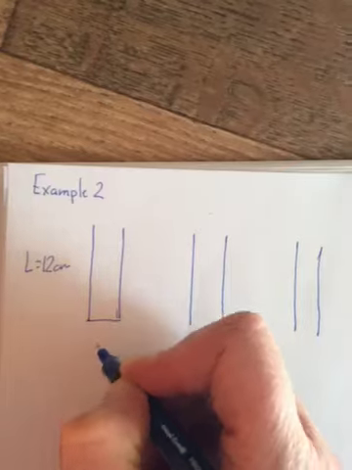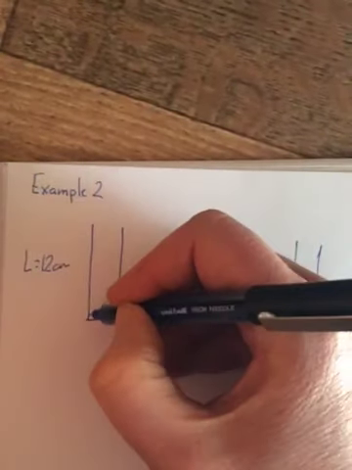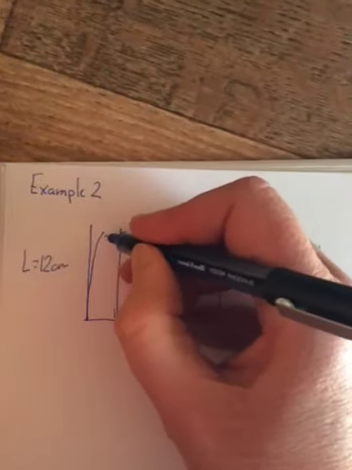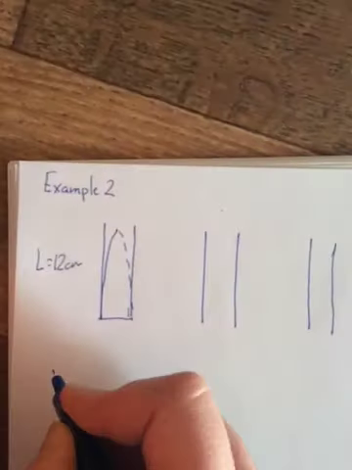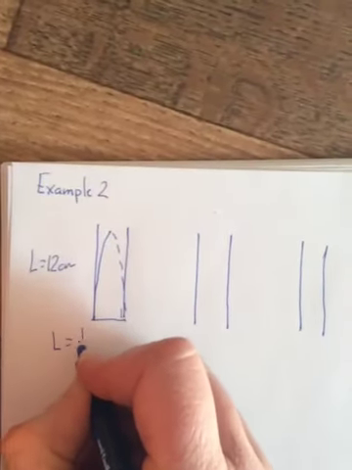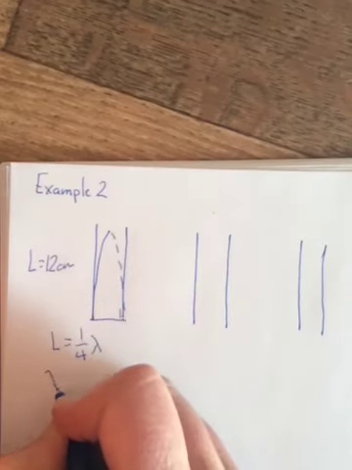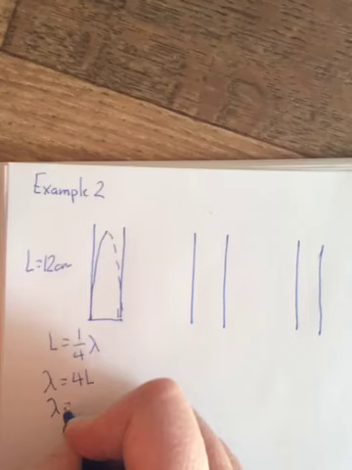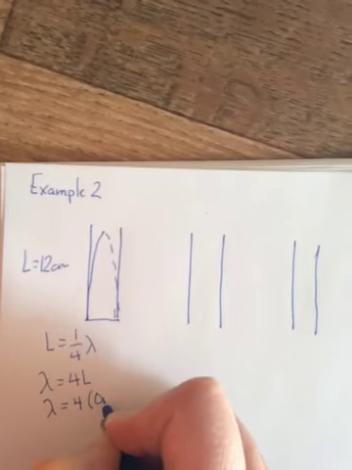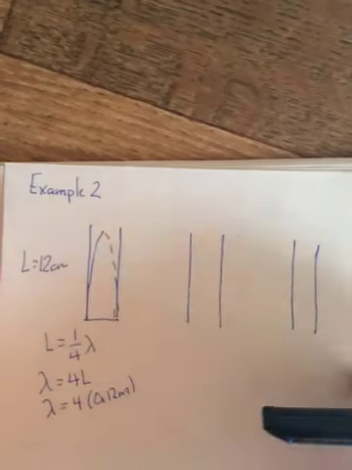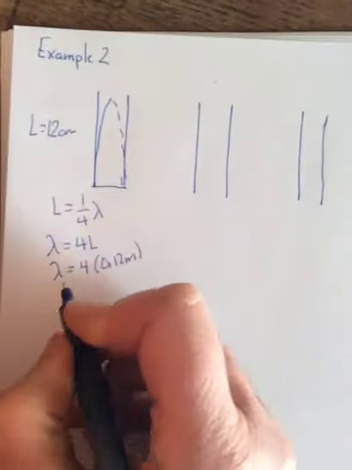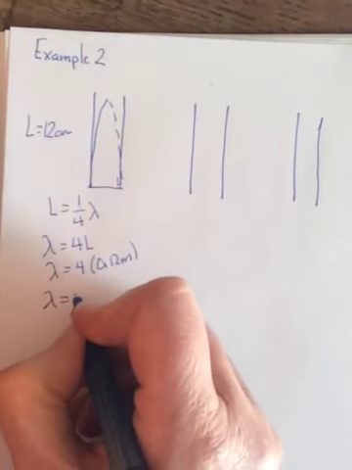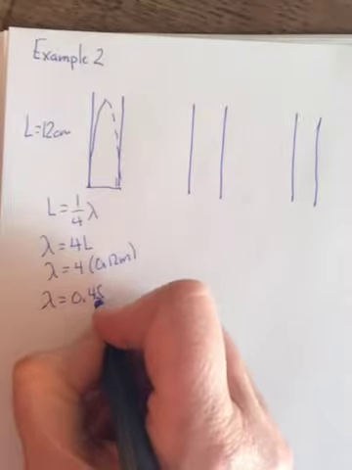If it's partially submerged in water, it means it's a closed tube, and so the first harmonic will be 1/4 of a wavelength. So L is equal to 1/4 lambda, so lambda is equal to 4 times L. Lambda is equal to 4 times 0.12, so the wavelength is 0.48 meters.